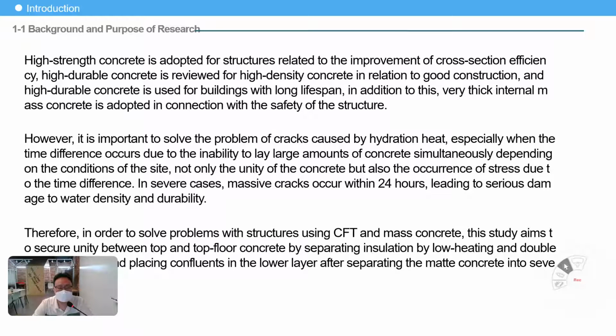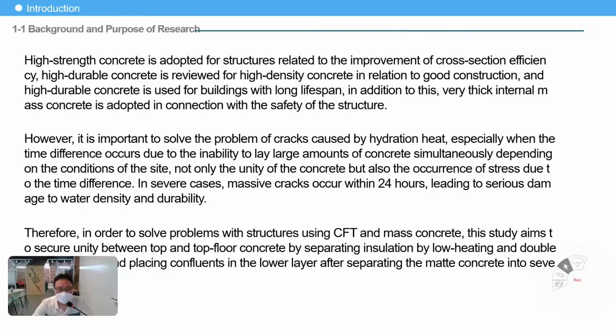due to the inability to lay a large amount of concrete, depending on the condition of the site. Not only the unity of the concrete, but also the occurrence of stress due to the time difference is a concern.